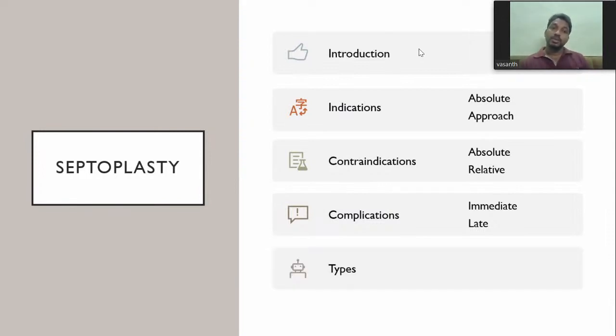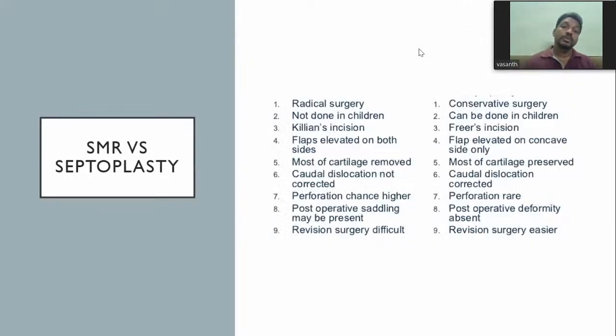Okay, and what are the types of septoplasty? It can be done in a conventional procedure, or as an endoscopic procedure. That's all. So what is the difference between submucous resection versus septoplasty? Submucous resection, even I had never seen a submucous resection in my days.